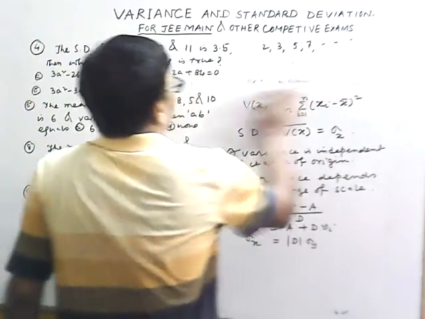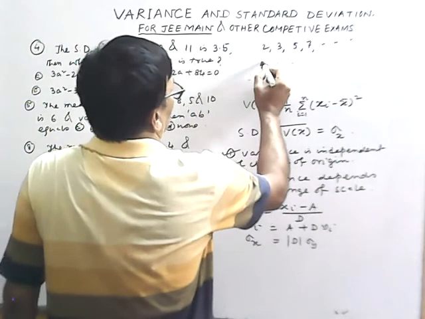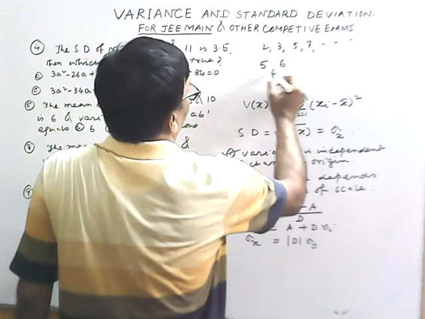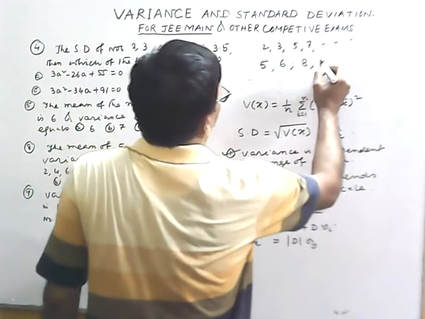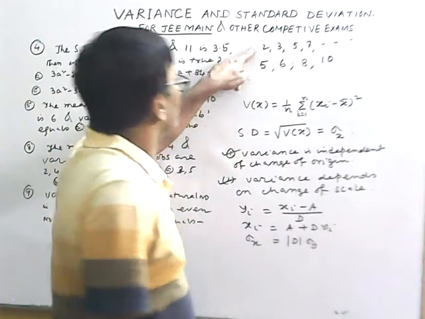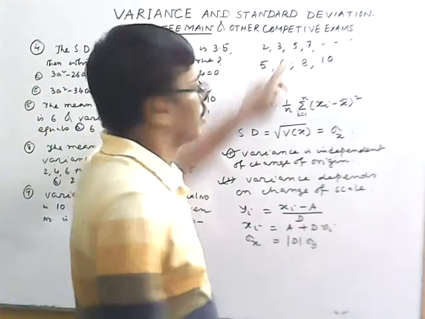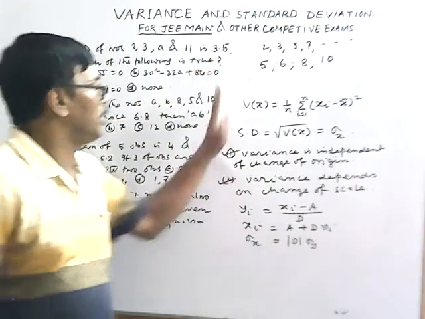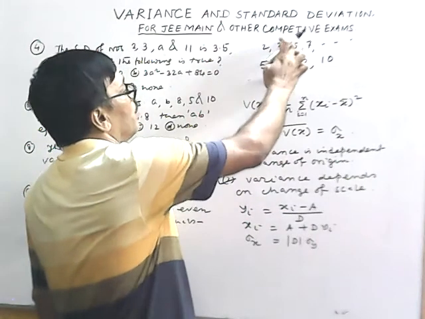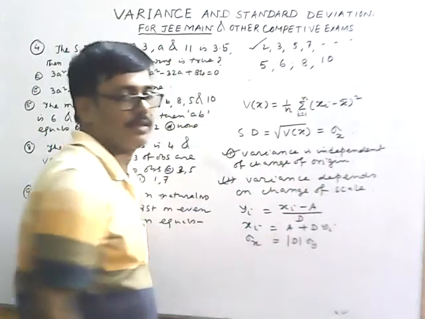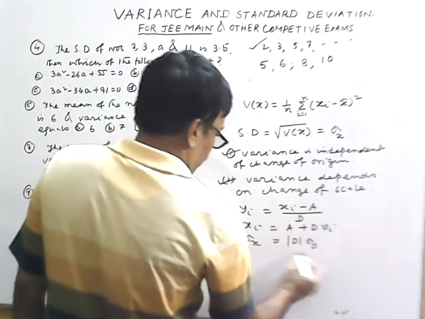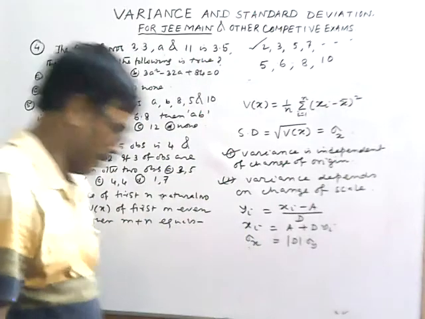If the new observations are 5, 6, 8, 10, what is the difference? The difference is 3. So what is the new standard deviation? The new standard deviation is the same as the earlier one. So yi equals this, and sigma x equals d into sigma y.